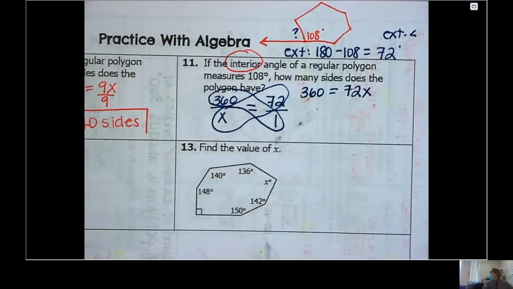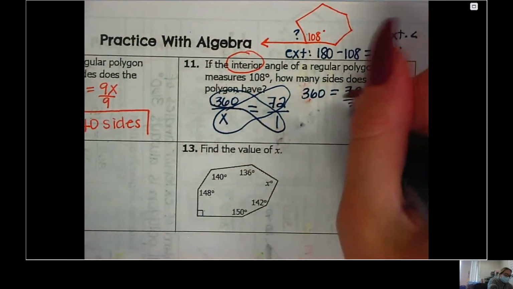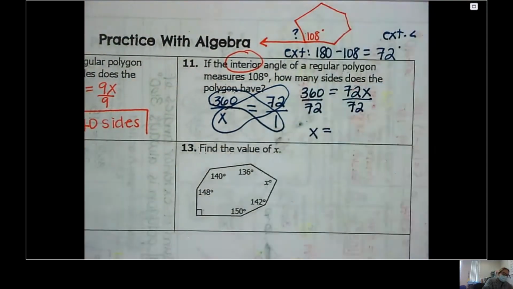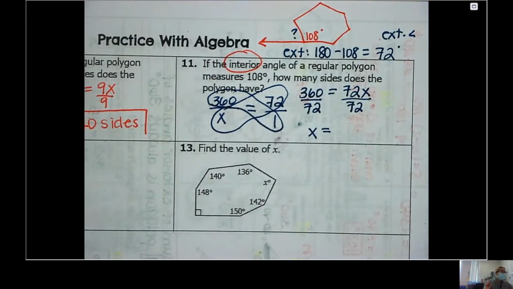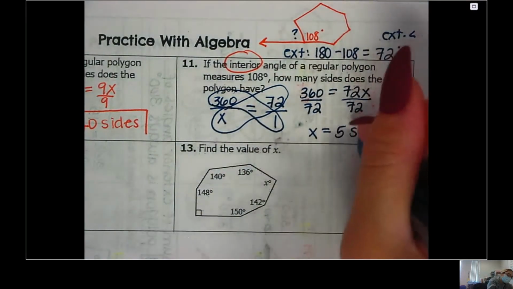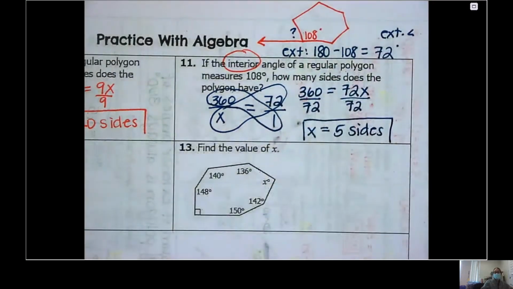And then last step, divide by 72. So I get x equals 5 sides. Beautiful. Yeah, so be careful if you're labeling it as sides or if you're labeling it as angles.